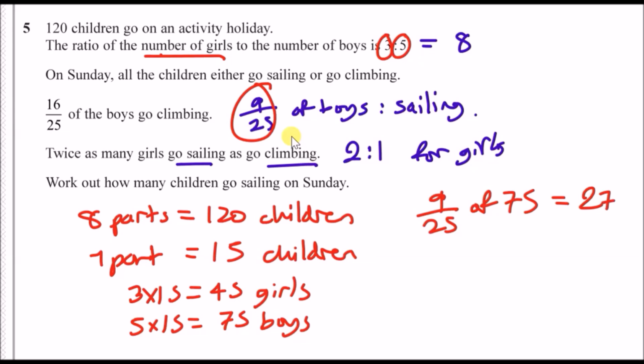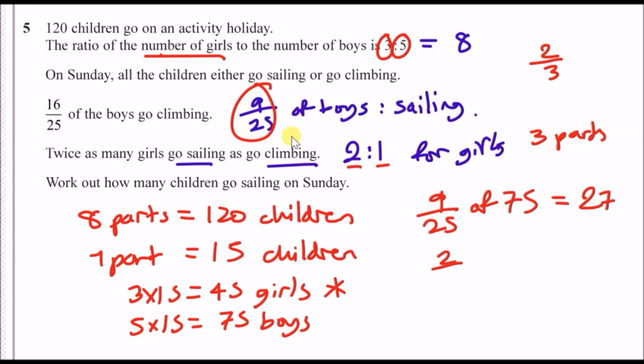As for the girls, it says twice as many girls go sailing as go climbing. First things first, how many girls are there again? Well, there are 45 girls. We know that 2 parts go sailing, 1 part go climbing. This means there's a total of 3 parts for girls, so 2 out of 3, or 2/3 of girls go sailing.